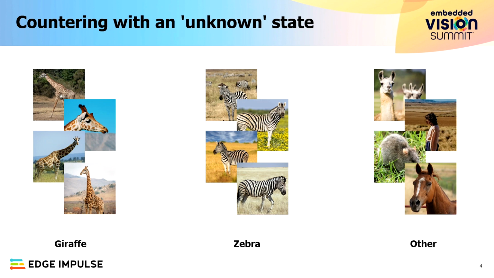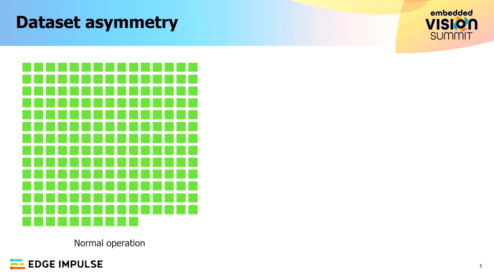I cannot get photos of every other object on Earth, and that's really problematic. So if you think about these relatively simple computer vision cases, right, detecting animals, I can probably come up with a pretty good other class, everything that's not a giraffe or a zebra. But if you're looking at real applications, someone is deploying something in a factory or on a production line, you often have lots of data set asymmetry. You probably have 1 million examples of something that looks good, and then very, very few examples of stuff that looks wrong.